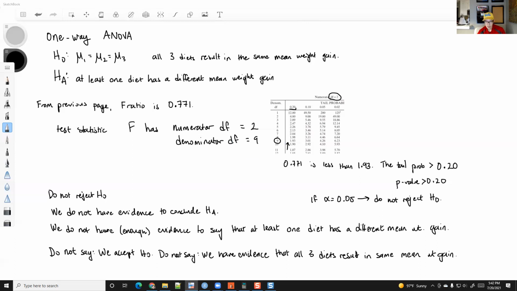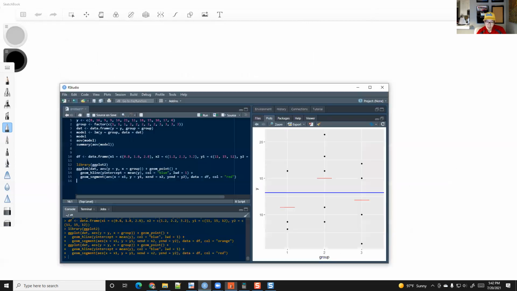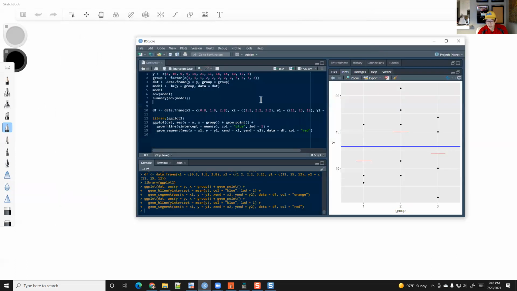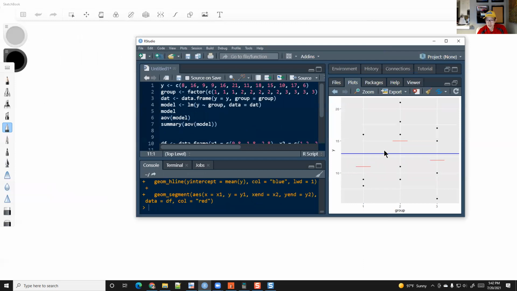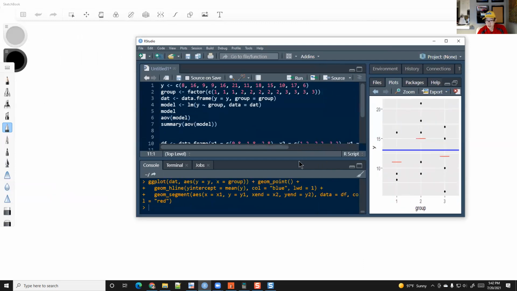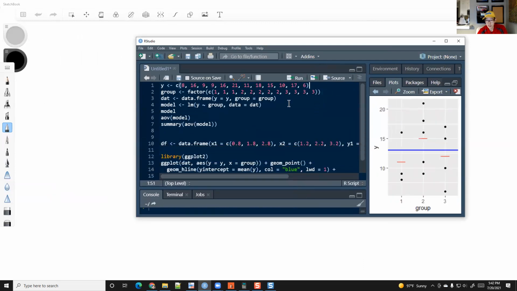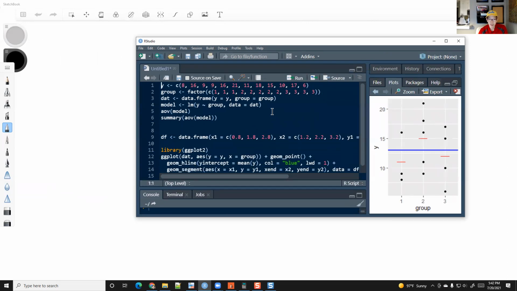Okay. Let me just throw in a slide here. We went through all of that work, and let me zoom in here. This is how we would go about doing our test in R. You would enter all of the numeric values in a vector y.